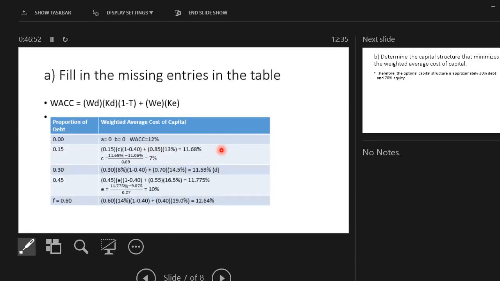So if this is going to jump the border that side, it means it's going to have a negative sign. So it will be 11.68% minus 11.05%, everything over 0.09. Remember the 0.09 that we got on C. And if you divide the answers that you get here, you should be getting 7%. Let's try that out and see if we get the same percentage.